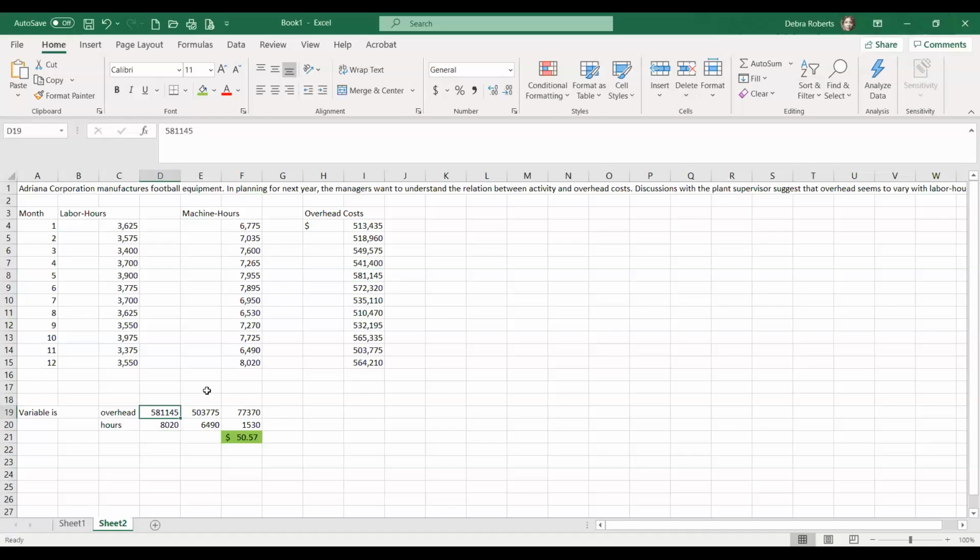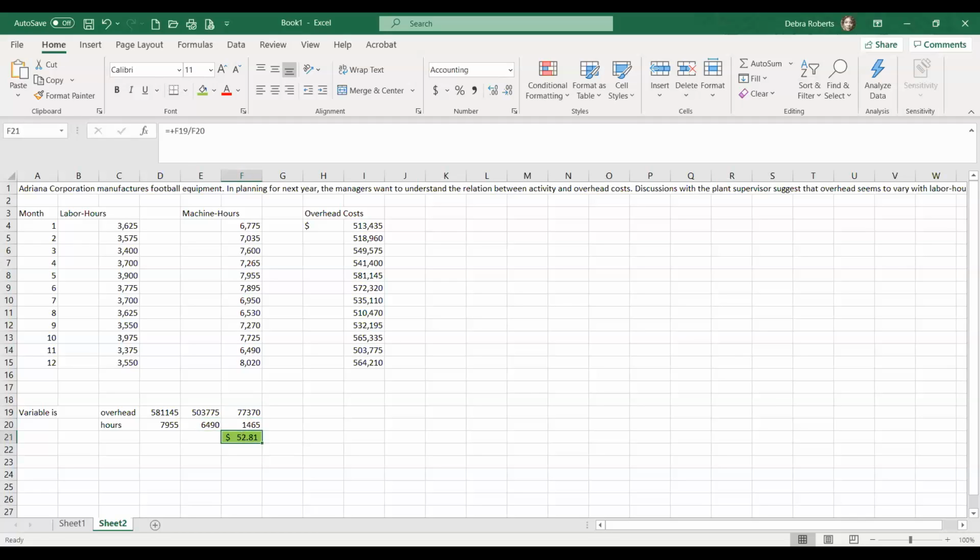I'm going to use the corresponding highest activity in terms of units. So if I'm using 581 here, I'm going to use the 7955 here. I think that might be my issue. My lowest number here, 503, with 6490. I still get a high number, 5281.